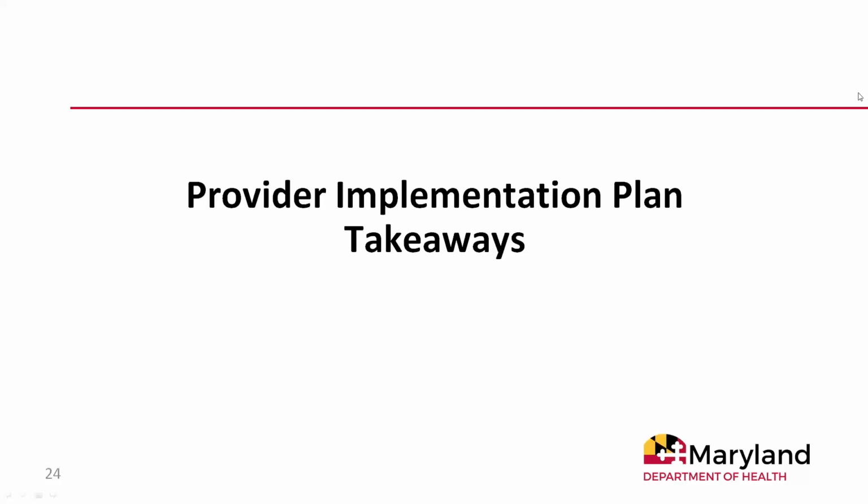Number 4, the PIP should reflect the needs and outcomes identified in the PCP. And your 5th PIP takeaway is the PIP should include enough information to ensure any of your direct care staff could step in and assist a person in meeting their goals.